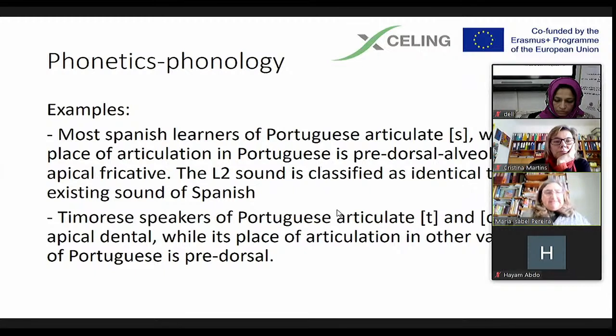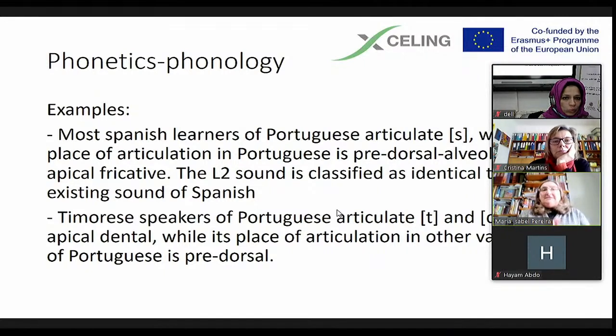Examples from this. Most Spanish learners of Portuguese articulate that fricative, whose place of articulation in Portuguese is predorsal alveolar, the sound is S, as an apical fricative, S. They are similar, it's true, the points of articulation are not so distant, but perceptually, it is quite different.